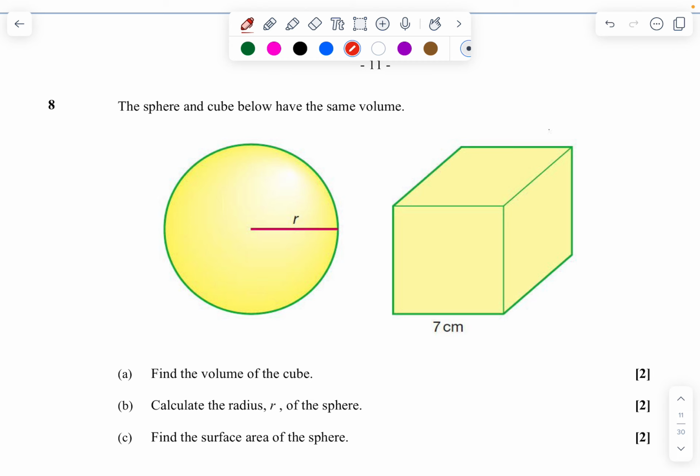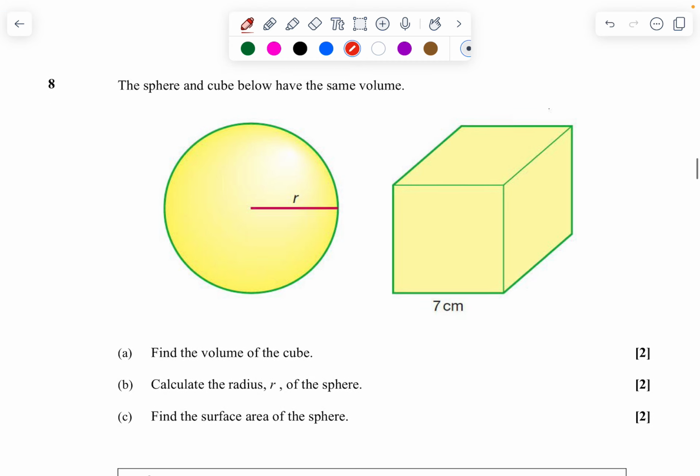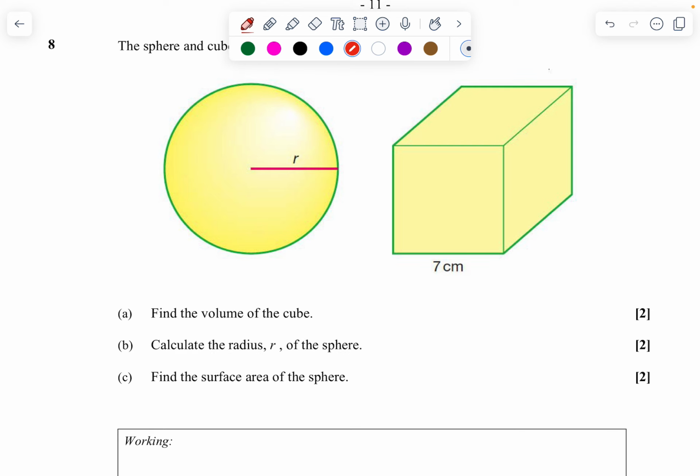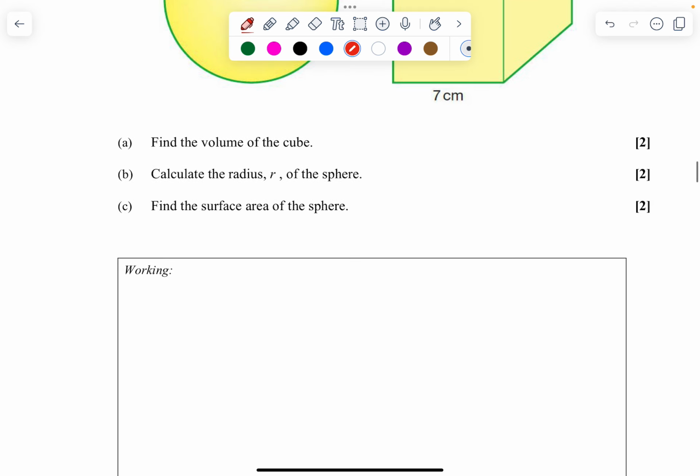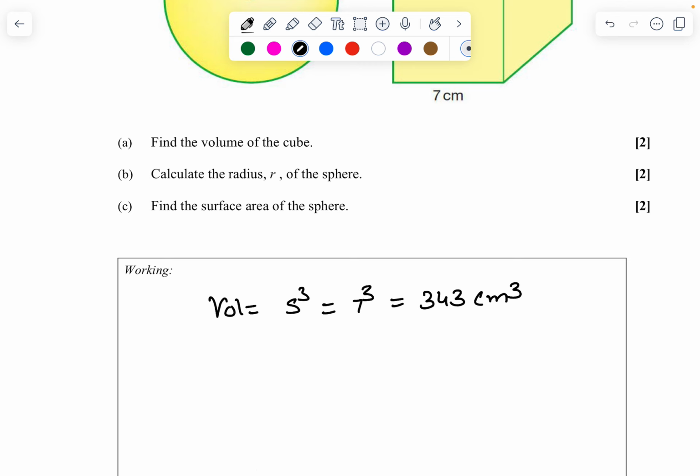Question number 8. The sphere and cube have the same volume. Find the volume of the cube. Volume of a cube formula is nothing but what? s cube, which is 7 cube, which is 343 centimeter cube. Next, calculate the radius of the sphere. So volume of the sphere should also be equal to 343.